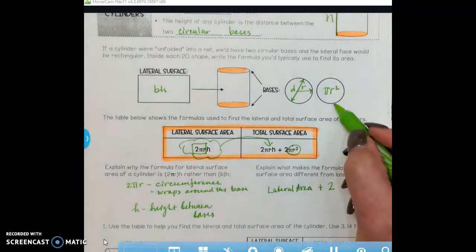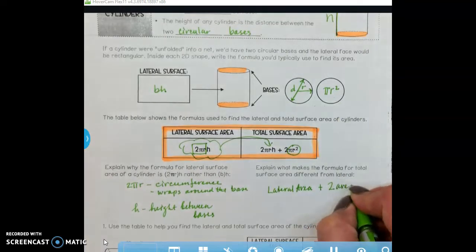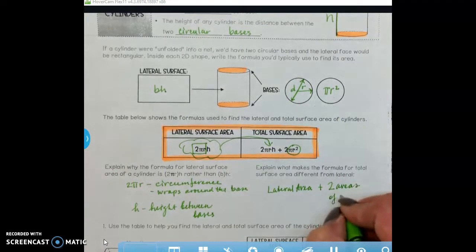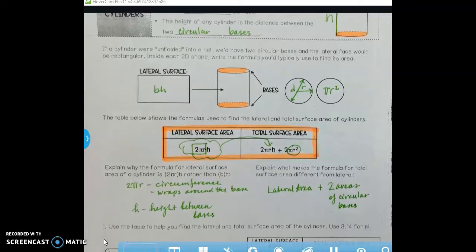So we talked about this earlier. I wrote down the formula right here. 2 areas of circular bases. So in our comparison to prisms, we found the area of a triangle or area of a rectangle, and there were two bases.